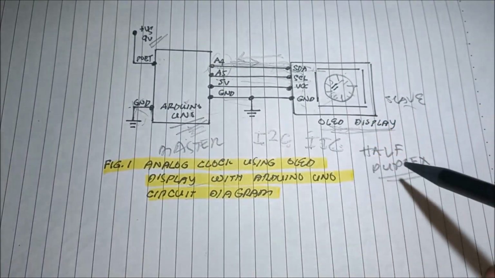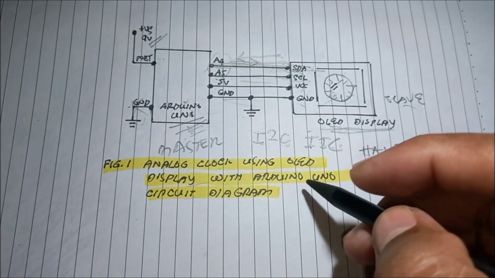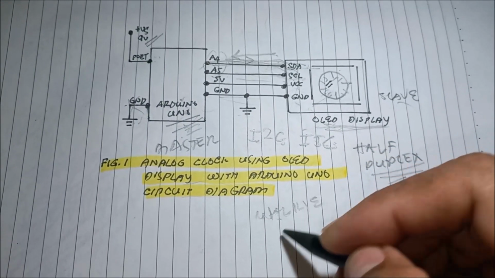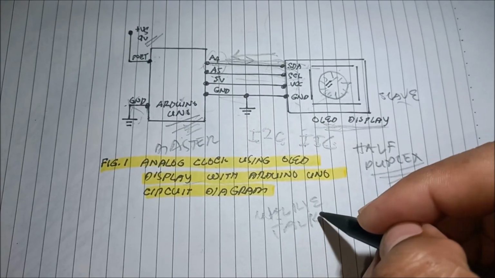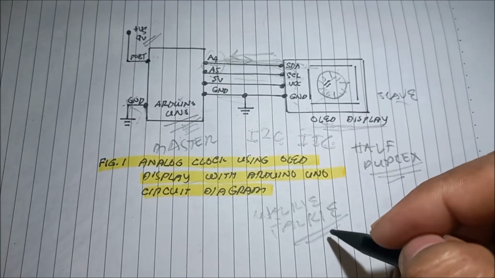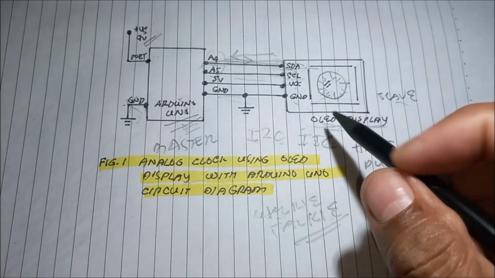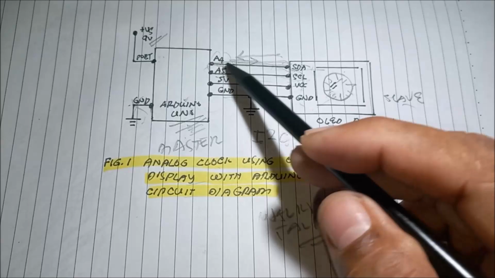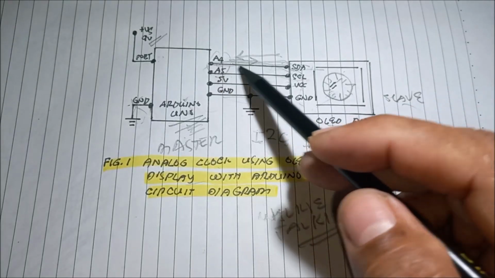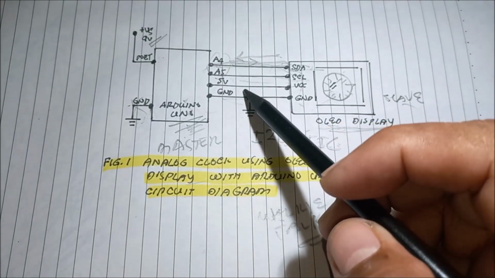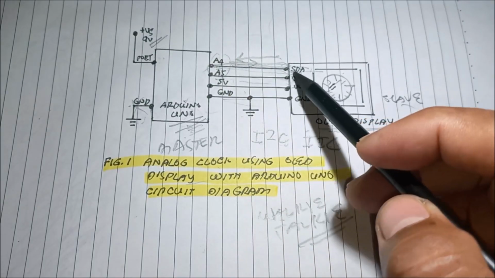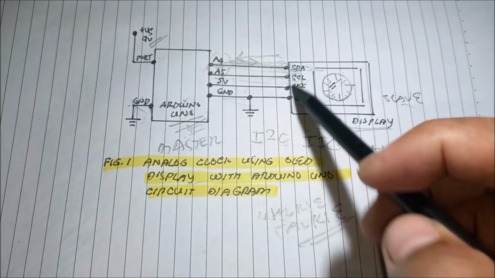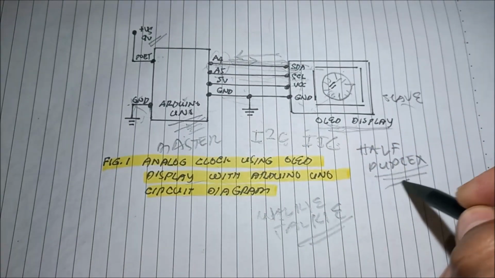It is half duplex, just like a walkie-talkie radio. It cannot transmit and receive at the same time because it is using only two lines, one data line and one serial clock line. So that is half duplex.